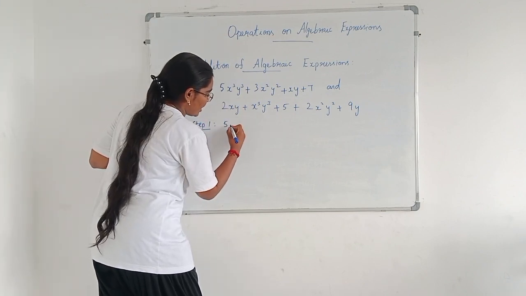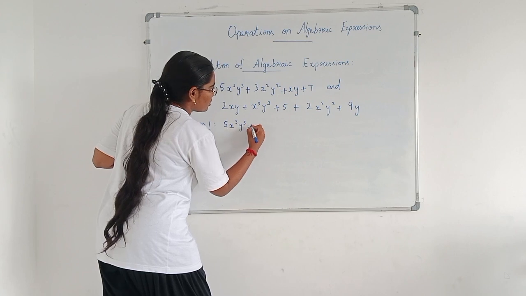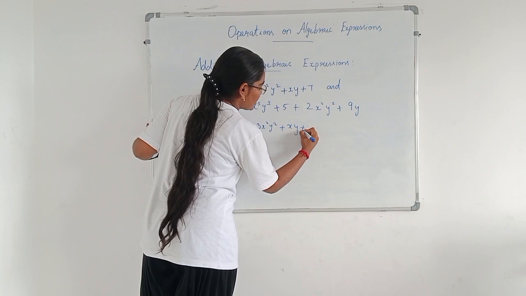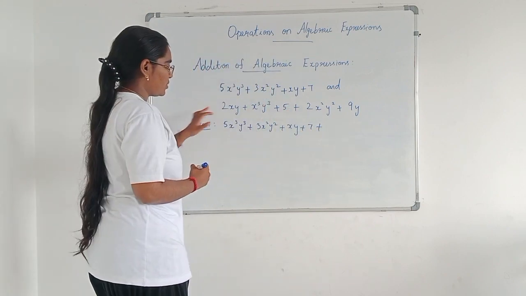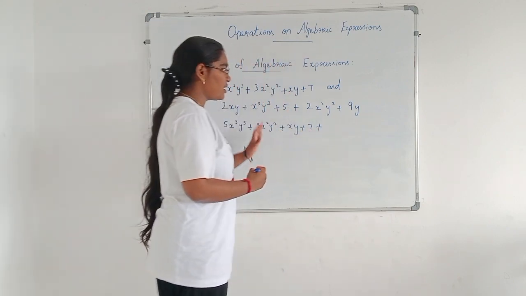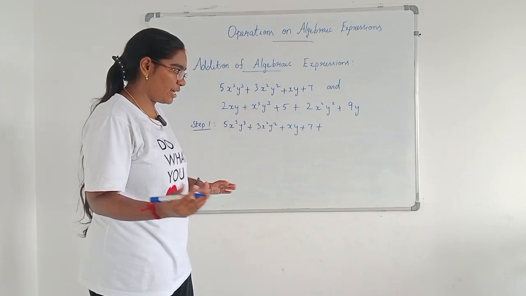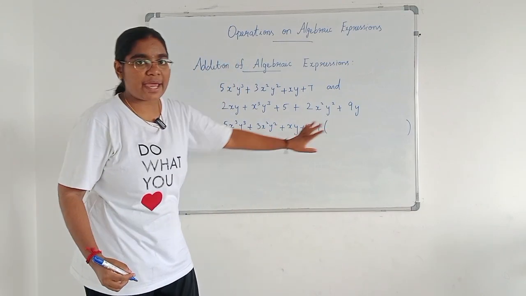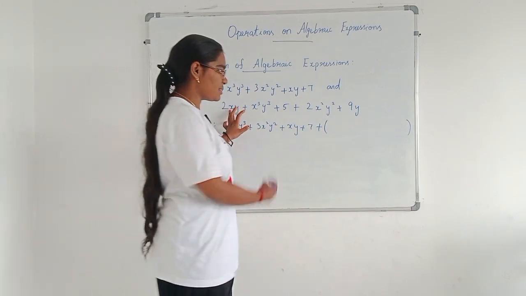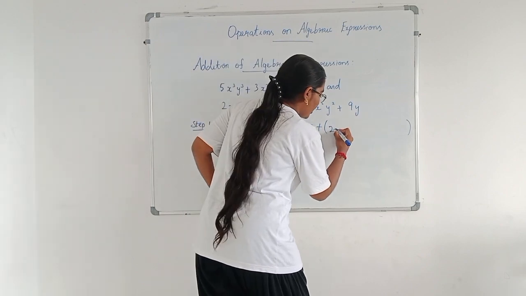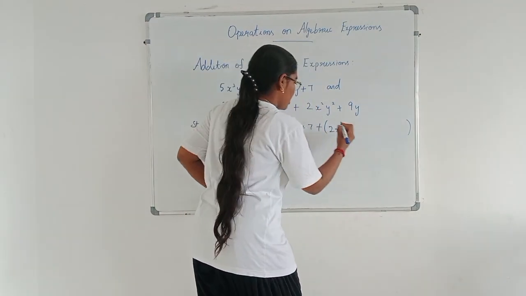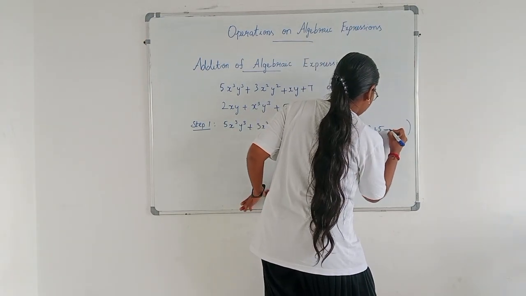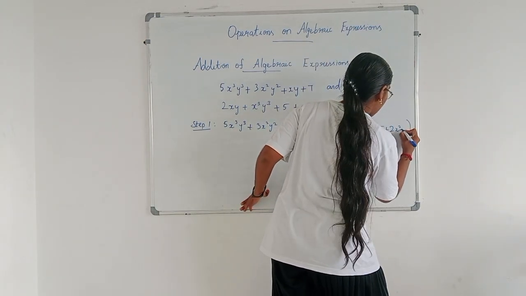First write the first expression, 5x cube y cube plus 3x square y square plus xy plus 7, plus the second expression. Put a bracket to differentiate these two expressions. Now write the second expression, 2xy plus x cube y cube plus 5 plus 2x square y square plus 9y.